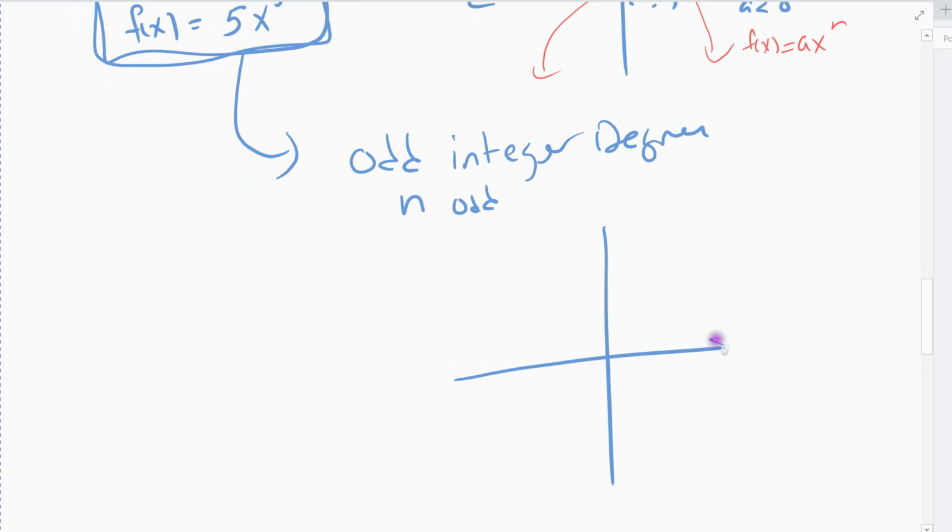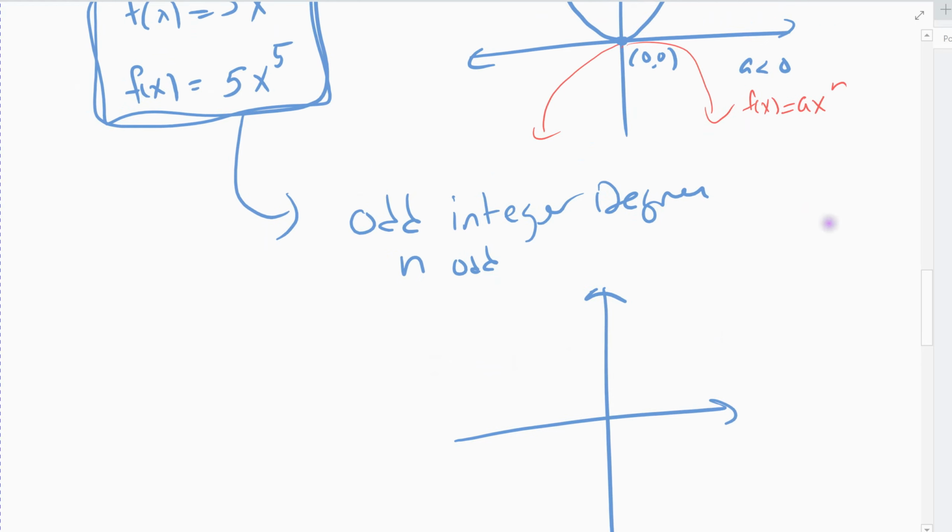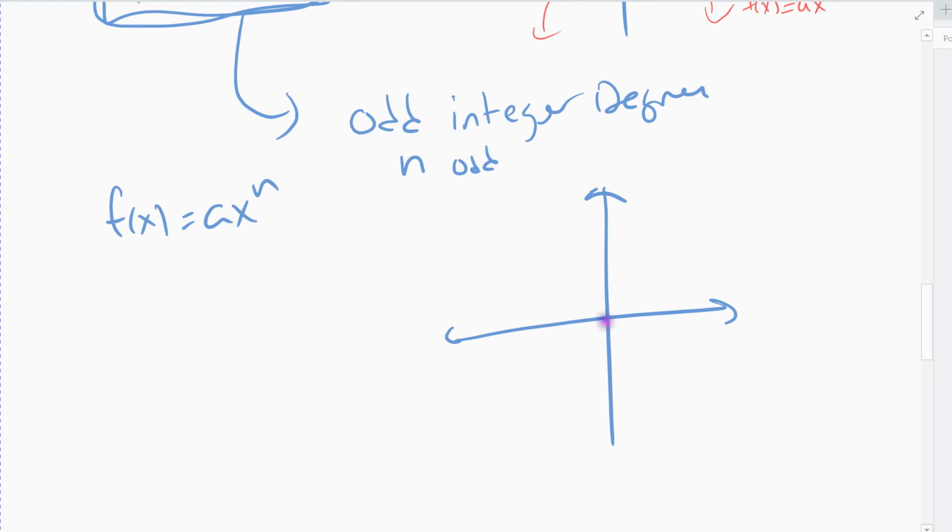The shape that comes out, if you graph f of x equals a x to the n, and my n is an odd integer, it has an S-like shape. It comes up like this, does hit the origin, 0, 0, and then has an S shape. So if you graphed f of x equals 5x cubed, that's the shape that would come out.